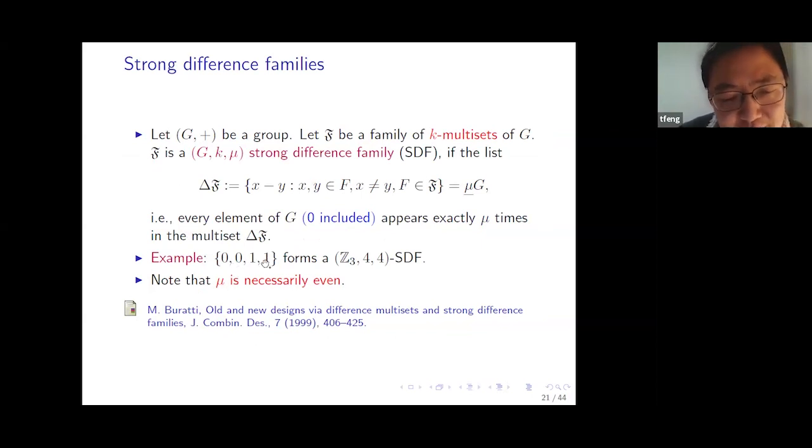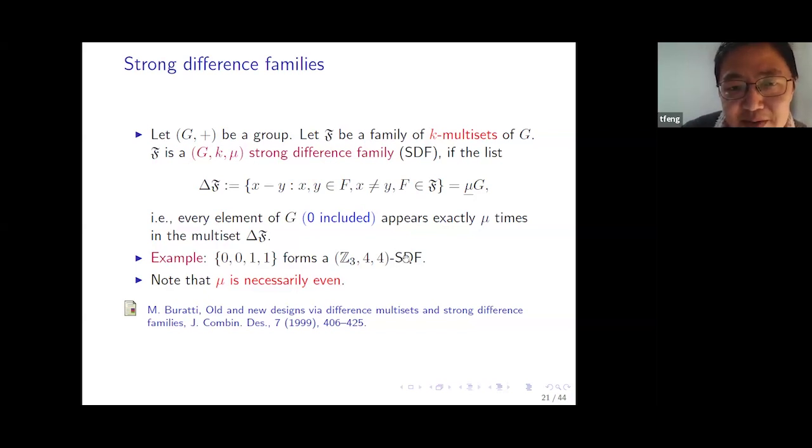And 1, 1 contributes 0 as a difference another 2 times. So 0 as a difference appears 4 times. Similarly, 1 or -1 appears as a difference also 4 times.